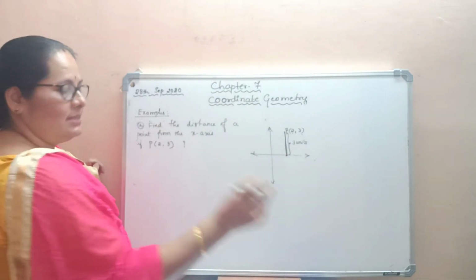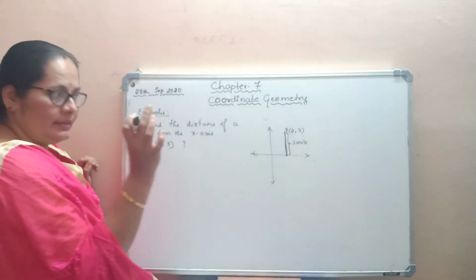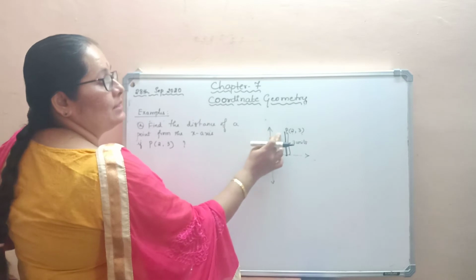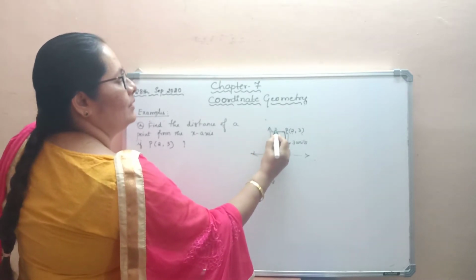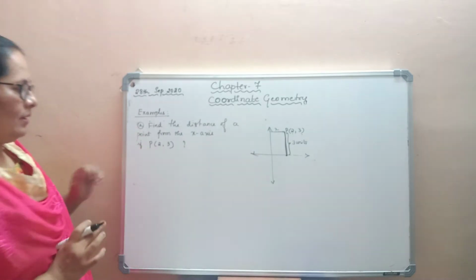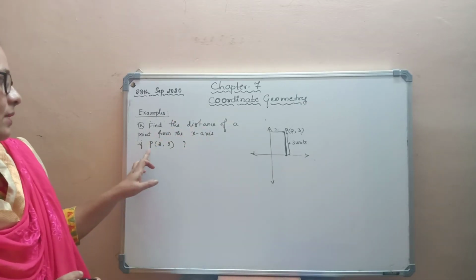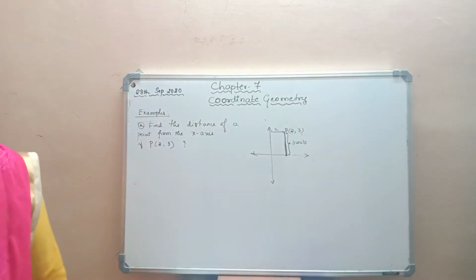What is the distance of this point from the y-axis? The distance of this point from the y-axis is 2 units. So, this is the distance, which is 2 units. Therefore, the distance of the point P (2, 3) from the x-axis is 3 units.